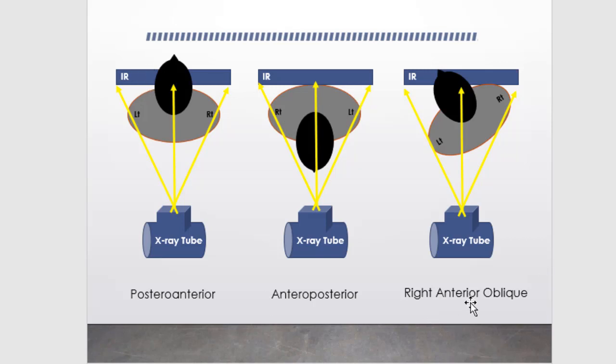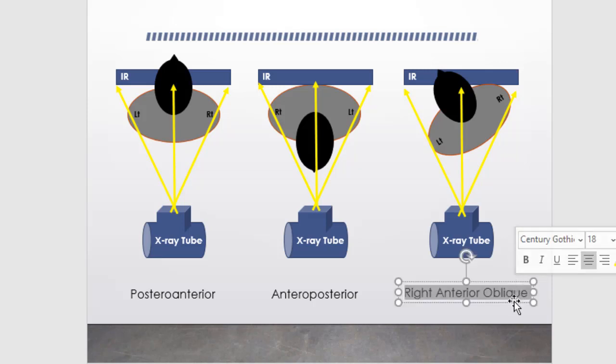Okay, now another view that we commonly do is the PA, but it will be anterior oblique or posterior oblique. Bear in mind that this is not known as a projection. This is what we call a position, because right anterior oblique only explains the patient's positioning in relation to the cassette. It does not explain where the X-ray enters.